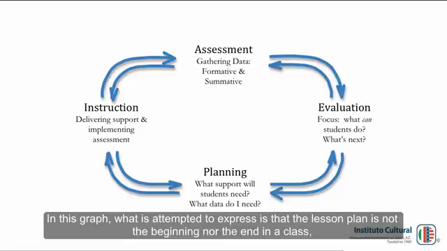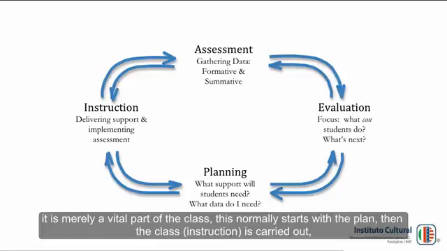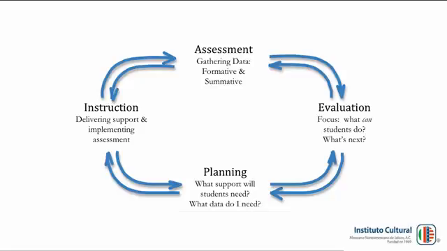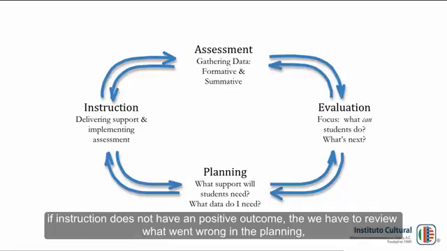In this graph, what is attempted to be expressed is that the lesson plan is not the beginning nor the end in a class. It is merely a vital part of the class. This normally starts with a plan, then the class, the instruction, is carried out. If instruction does not have a positive outcome, then we have to review what went wrong in the planning.